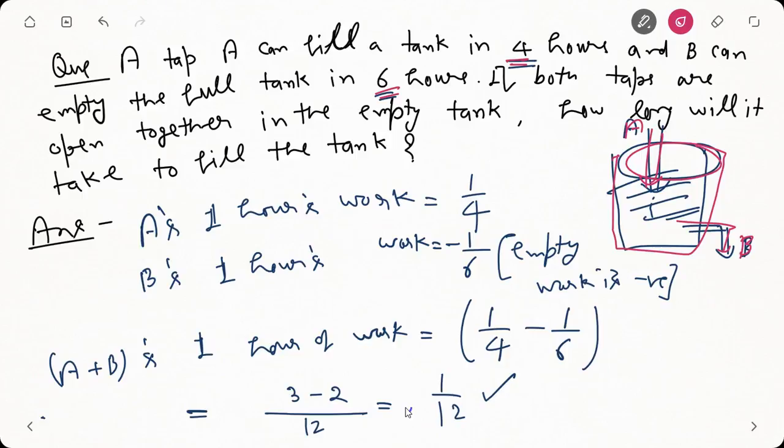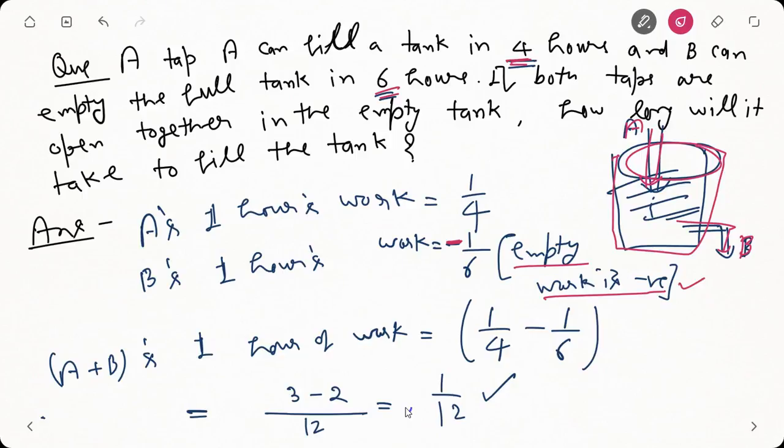So A's 1 hour work would be 1 by 4, because it takes 4 hours to complete. Similarly, B's 1 hour work would be 1 by 6. We will put a minus sign here because it is emptying the tank. Emptying work is negative, so that is why we have put a minus sign.